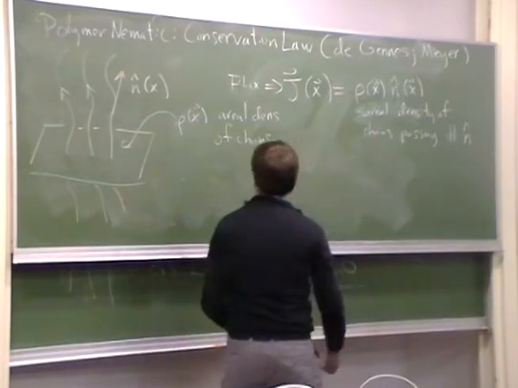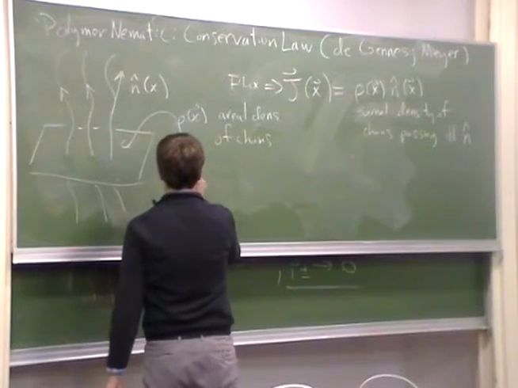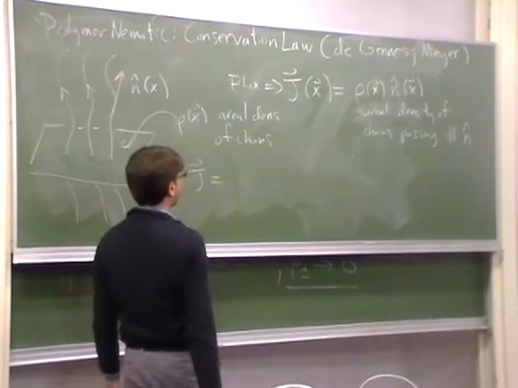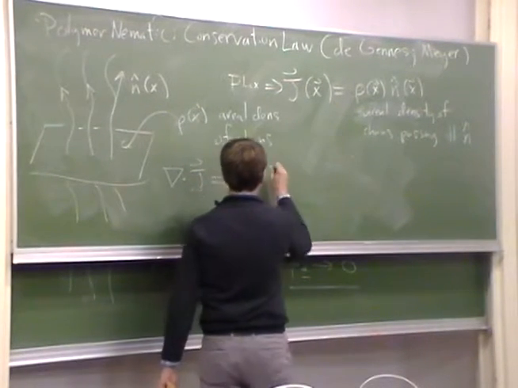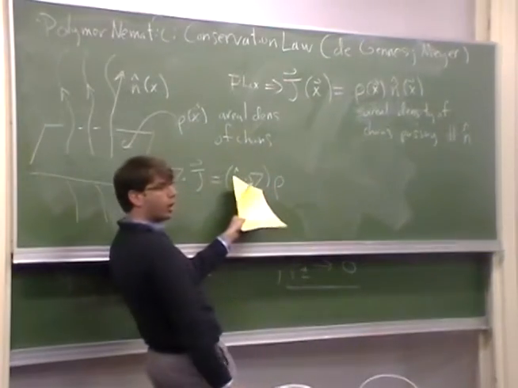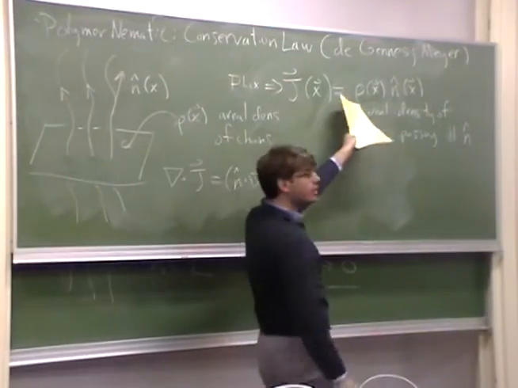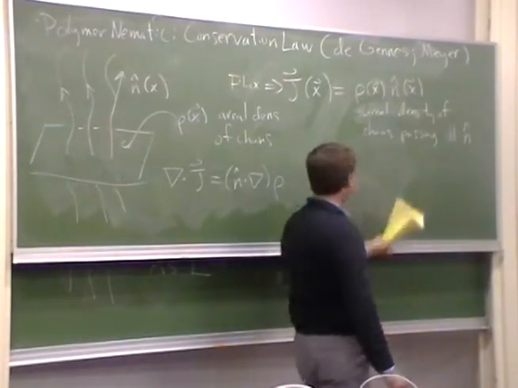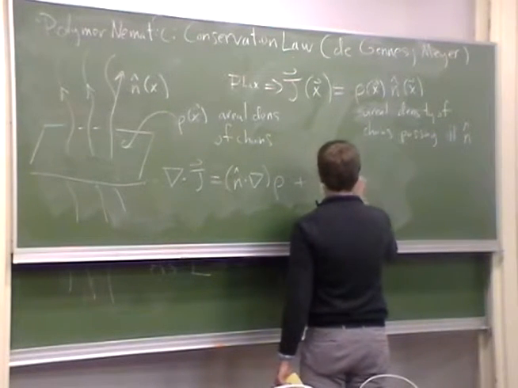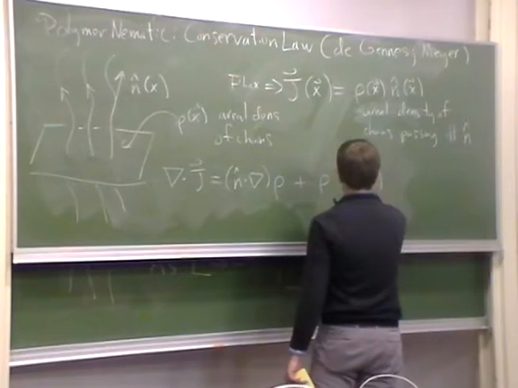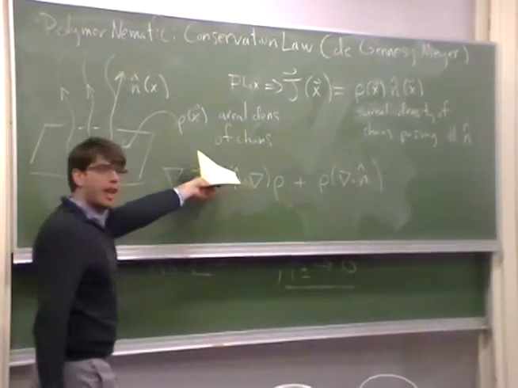If I take the divergence of this flux, there are two parts: n dot grad of rho, I'm just applying the chain rule here, plus rho times divergence of n. And this has to be 0.